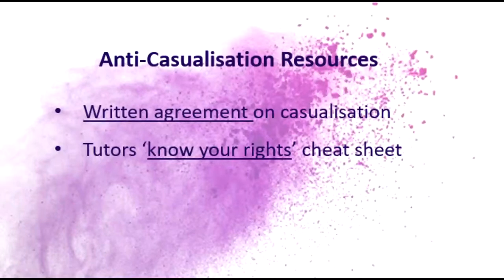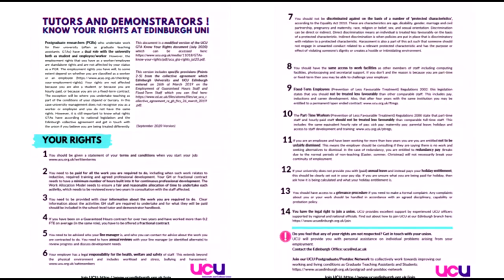And so for precisely this reason, our anti-casualisation and postdoc officers have put together the second document here, which is a cheat sheet for tutors to inform them of their rights, to empower them to defend themselves collectively against exploitation. This is what it looks like. You can find this on our website or linked in the slides below. And feel free to print off, share with colleagues, send to your postgraduate students, etc.